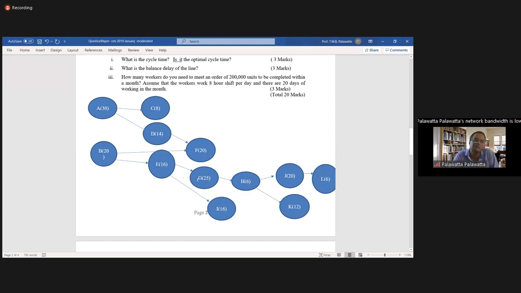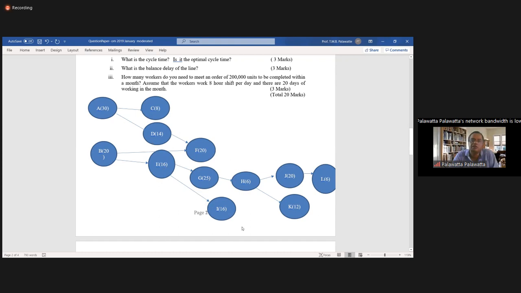So then I allocated G. So then 25 plus 16, then 41. So then I allocated I. After E, I is feasible. So 41 plus 16, 57. Then the C. C is 8, so 57 plus 8, 65.